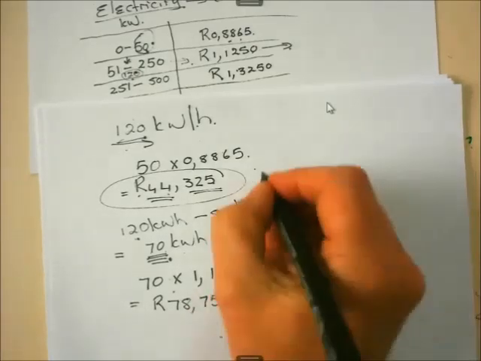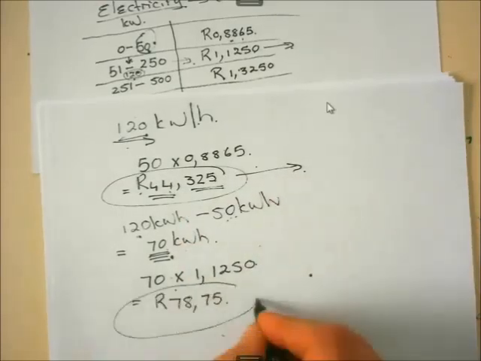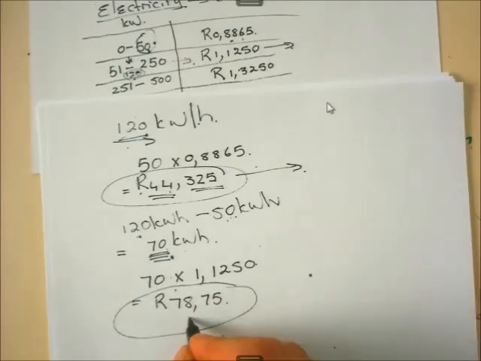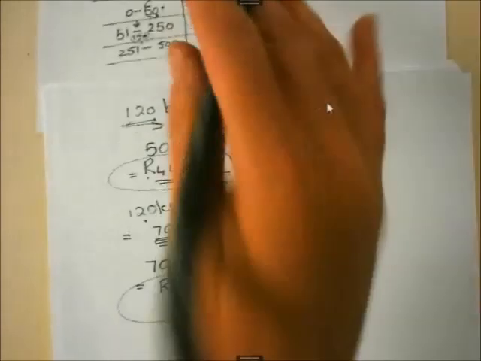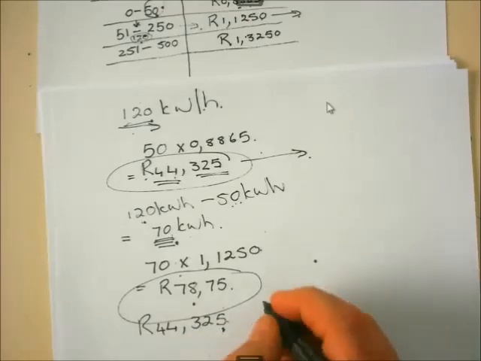Now, you paid for the first 50, 44 Rand 32.5 cents. For the next 70 kilowatt hours, you're going to pay 78.75. And you are now going to pay a total of 44.325 plus 78.75. You only round off in the final answer.